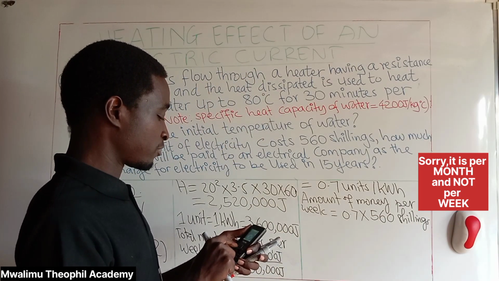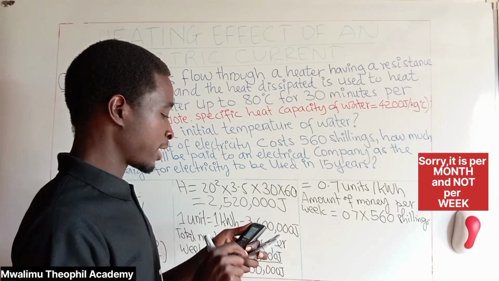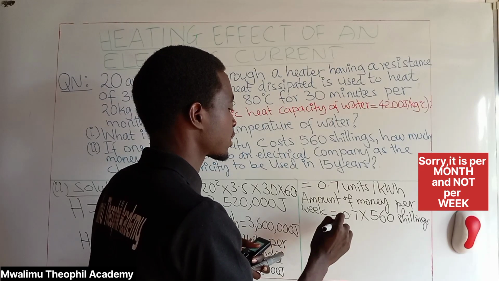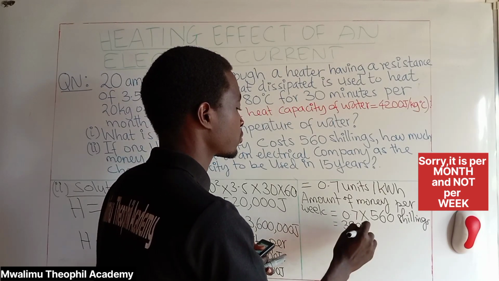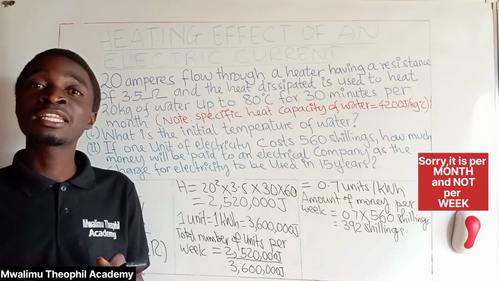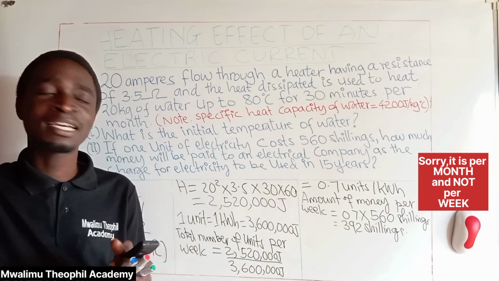When you take that value, you get 392 shillings. But we are told to calculate the charge of electricity that will be used for 15 years.